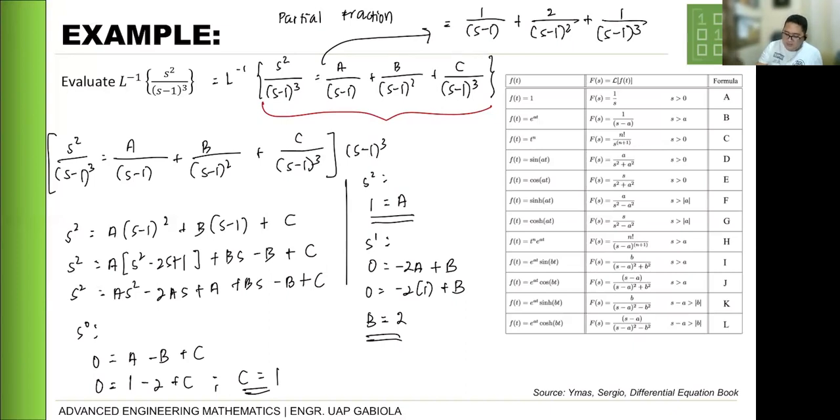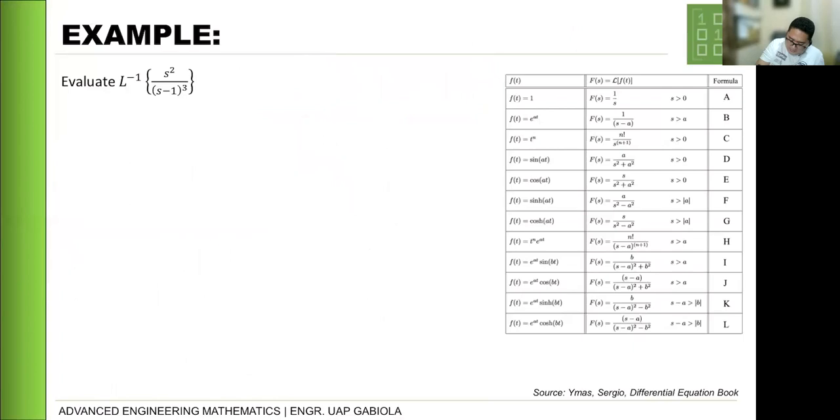Okay? So ito na yung magiging equation natin, Laplace equation natin dun sa loob niya. Okay? So again, this will be L negative 1. Ito yung transformed na. So we have 1 over S minus 1 plus 2 over S minus 1 squared plus 1 over S minus 1 cubed. Okay?